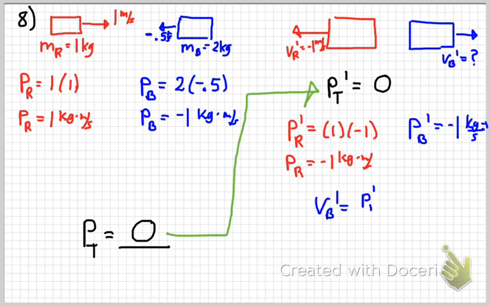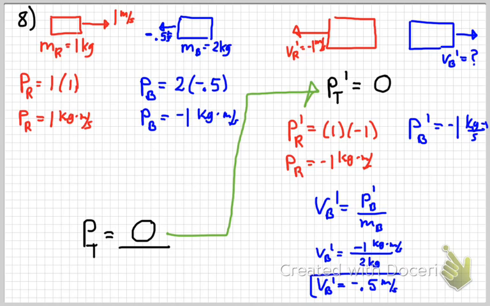So just do your momentum over your mass. So it's negative 1, and the mass was 2 kilograms. And we find that the velocity of the blue car is negative 0.5 meters per second.